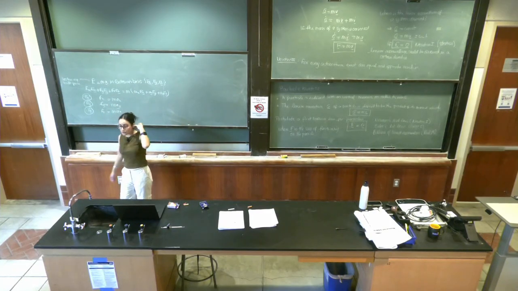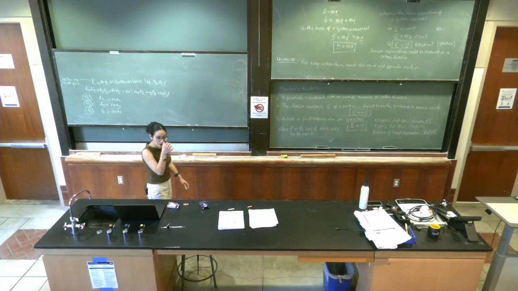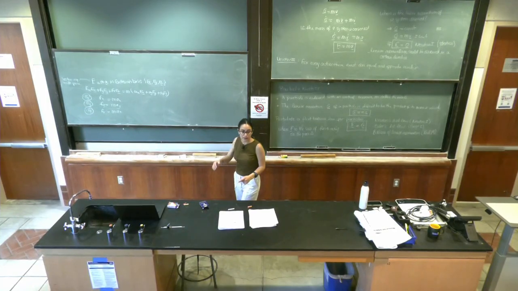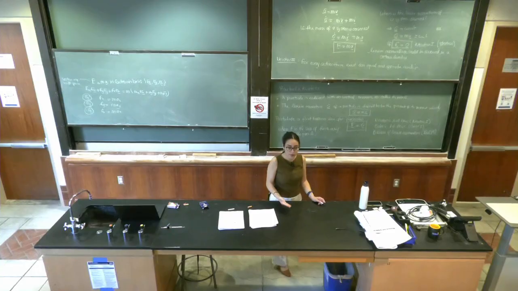So before vectors were invented as a mathematical object, that's how the equations of motion used to be written. They used to be written as 3 scalar equations.